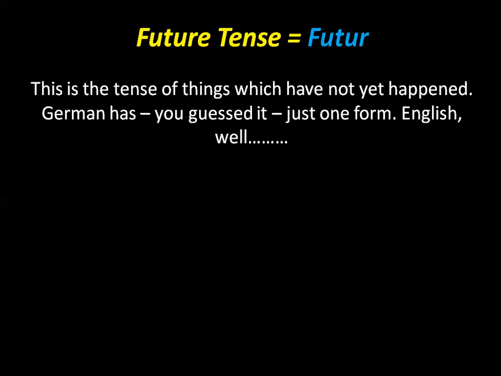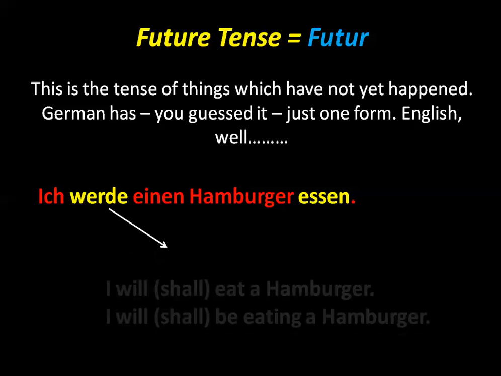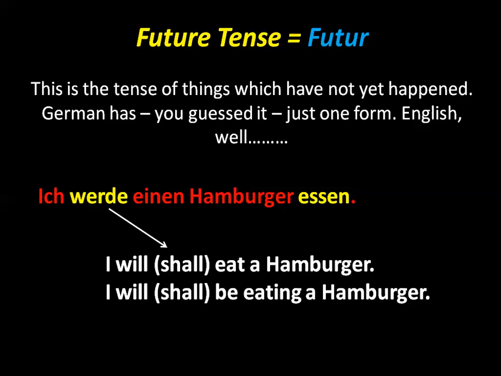Okay, the future tense. This is the tense of things which have not happened yet, obviously. And German has, you guessed it, one form, whereas English, well, we have two. Sometimes in English, an older form of English might use the word shall, and occasionally you still hear this in English, but much more common is I will eat a hamburger, or I will be eating a hamburger.